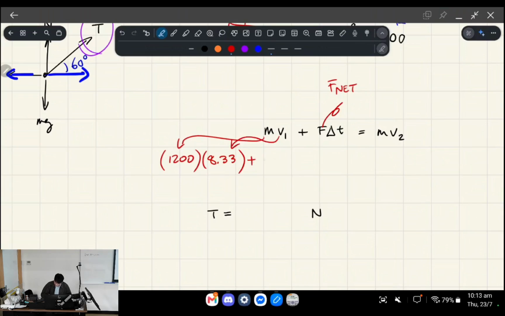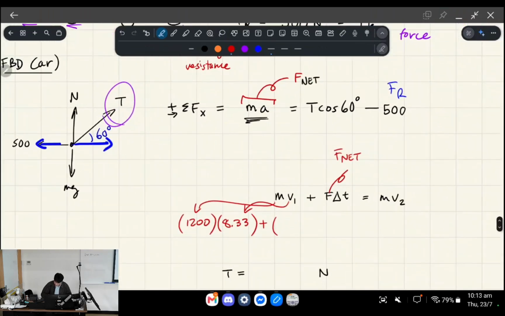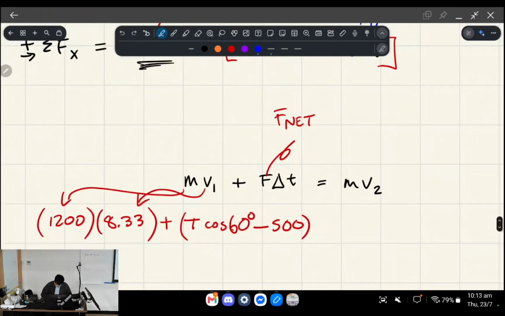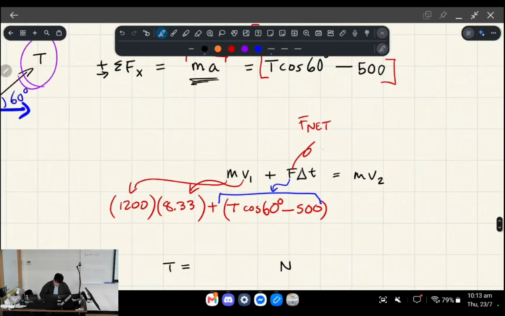All right, F net. So we have an expression for it, and that's this, right? So we write T cosine 60 degrees minus 500. So that is F net. And then delta T is the change in time between state 1 to 2.